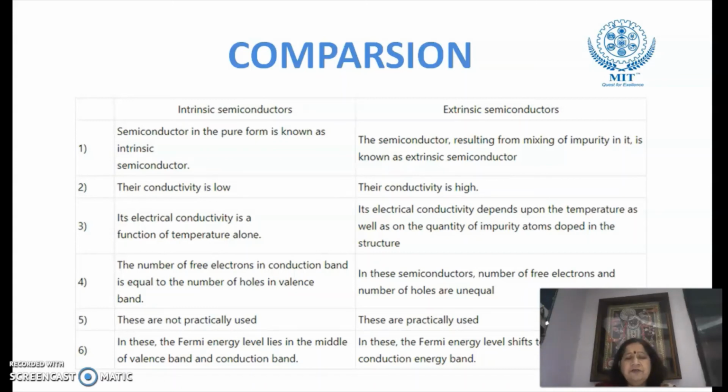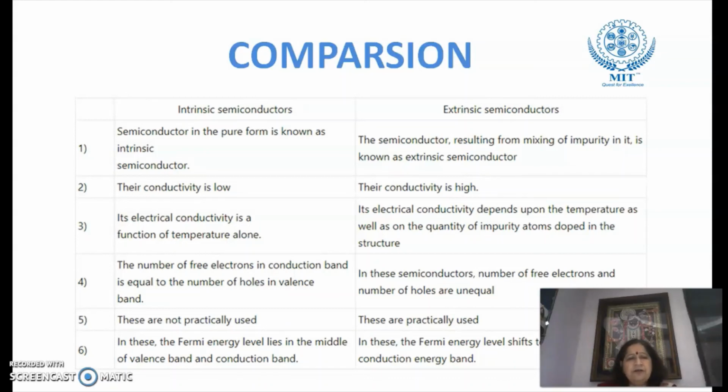Electrical conductivity is a function of temperature alone in intrinsic semiconductors, whereas it is a function of both the impurity atoms doped in the structure as well as temperature. In intrinsic semiconductors, the number of free electrons in the conduction band is equal to the number of holes in the valence band. Here, this is not the case. The number of free electrons and holes are unequal.